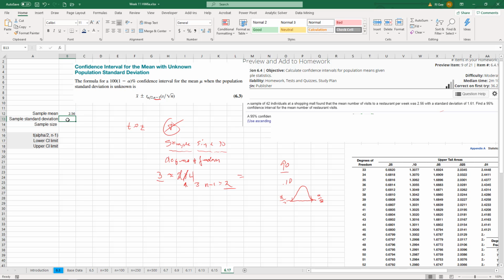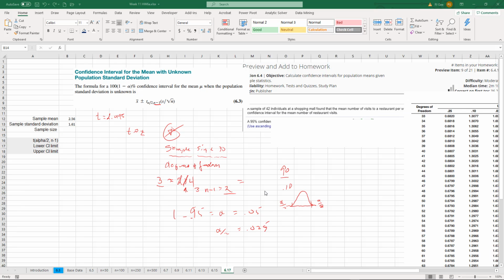Standard deviation of our sample, okay, so we have the sample, and they're interested in a 95% confidence interval, so we know we're going to need alpha somewhere in here. So 0.95, 1 minus 0.95 is equal to your alpha, which is equal to 0.05. Alpha over 2 is 0.025. Okay, so we're just going to establish that up front and not forget it. Sample size of 42. Okay.